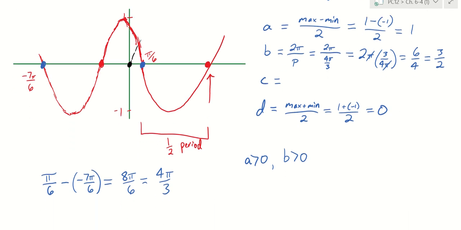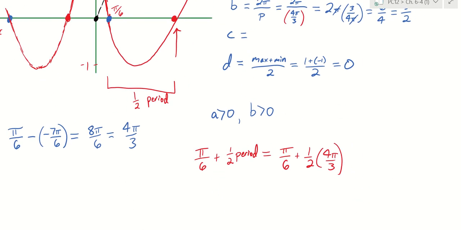So what is pi over 6 plus 1/2 period? Well, we know that 1 period is 4 pi over 3 units. So this is going to be pi over 6 plus a half of 4 pi over 3, which is just pi over 6 plus 4 pi over 6, which is 5 pi over 6.